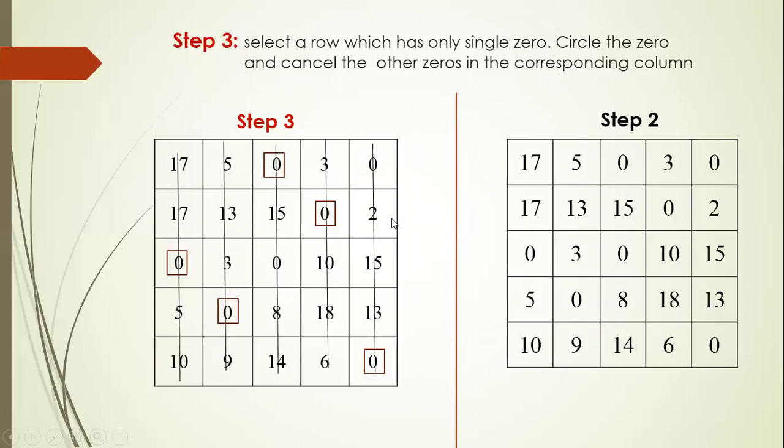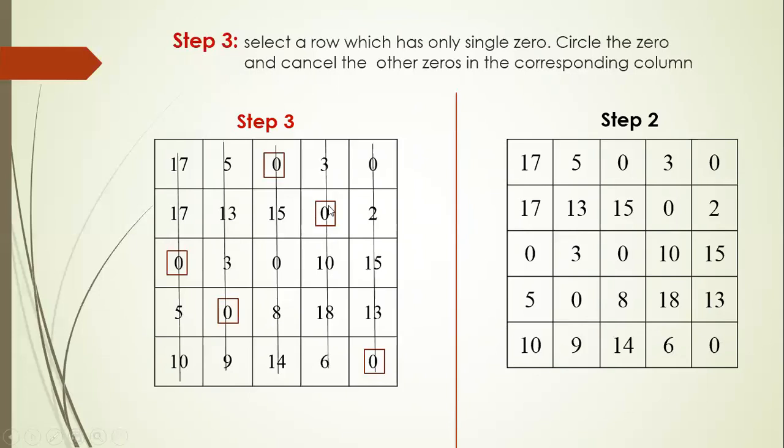Don't go column wise. First row wise means first row, enter row, single zero, you have to note that. First row, we have two zeros. Second row, we have only single zero. Third row, we have two zeros. Fourth row, single zero. Fifth row, single zero. So the first single zero is second row.